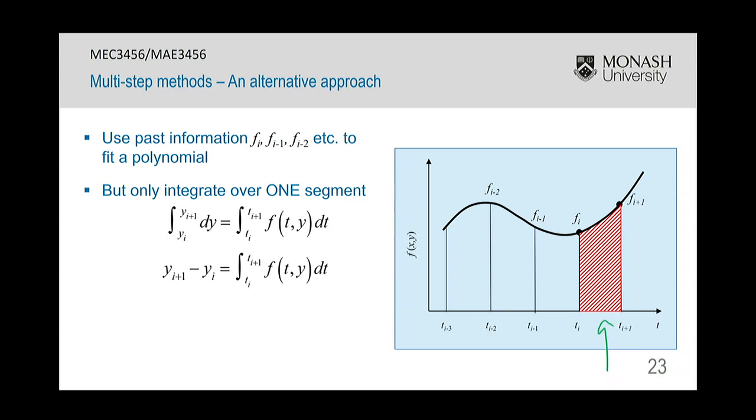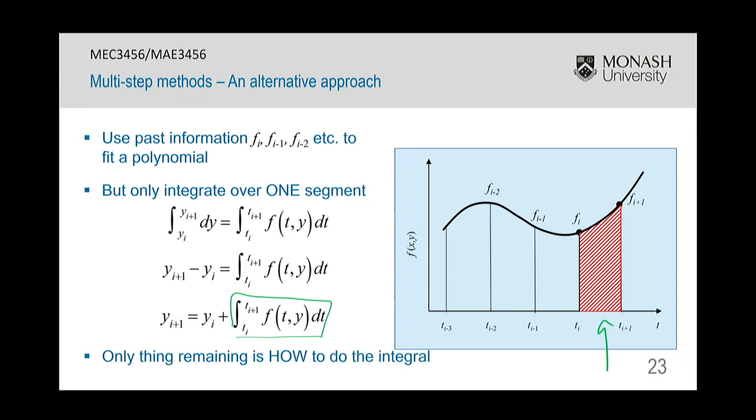If we integrate the left-hand side, that's just equal to yi plus 1 minus yi, and we shift the yi to the other side, so we have yi plus 1 is equal to yi plus that integral on the right-hand side. Everything that we've looked at so far, RK4, etc., are just different ways of estimating this integral. And we're going to use a different way again in this video.